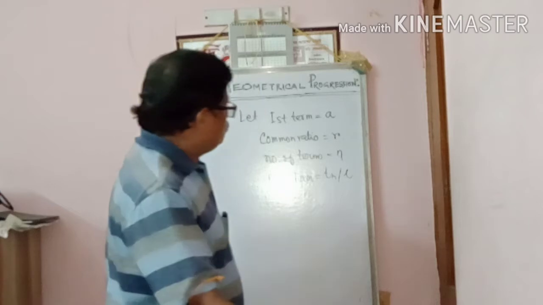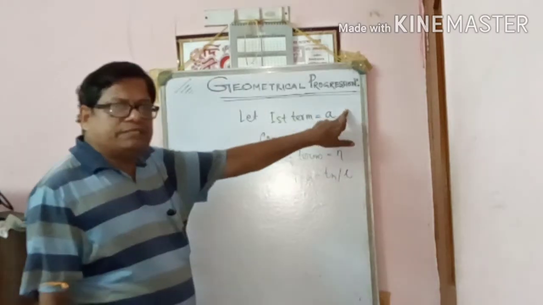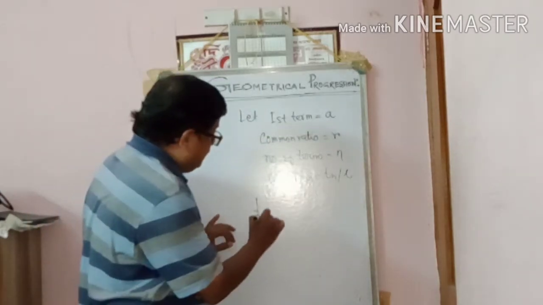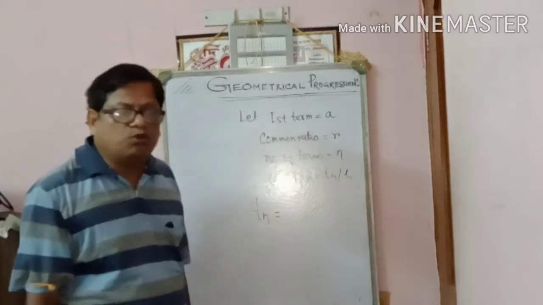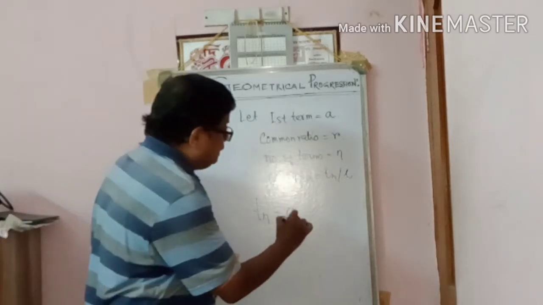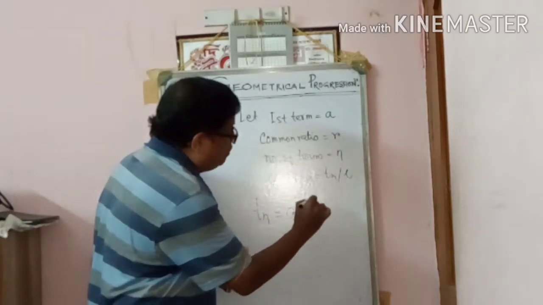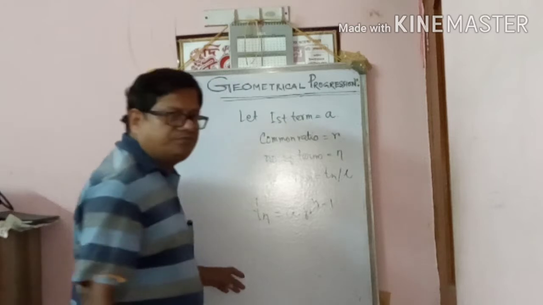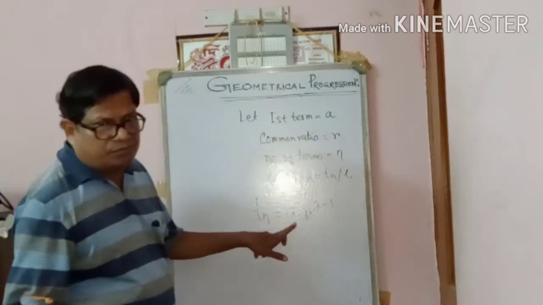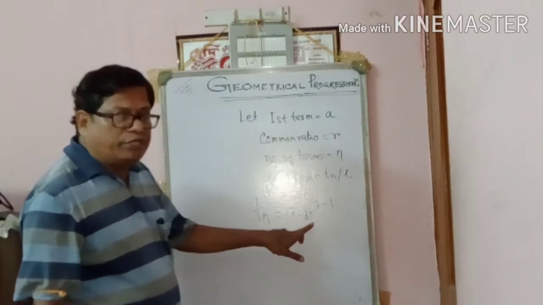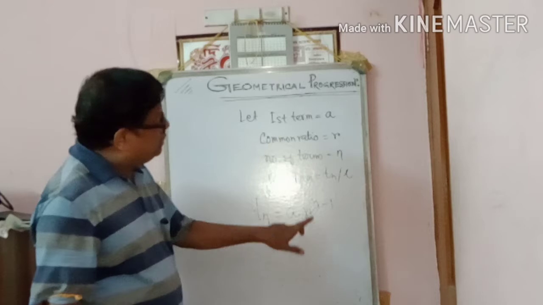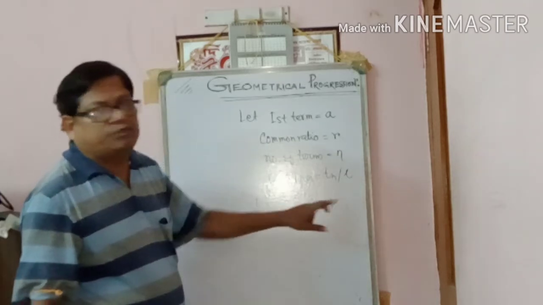Okay. So A is the first term. So write Tn equal to A into R to the power n minus 1. See, first term, R the common ratio is the same, R to the power number of terms minus 1. Okay.